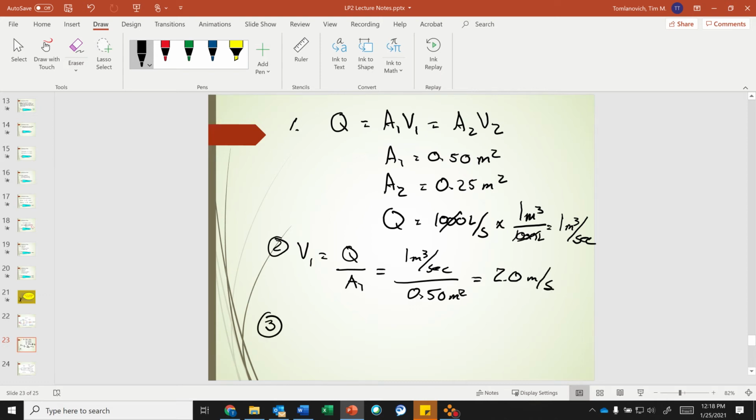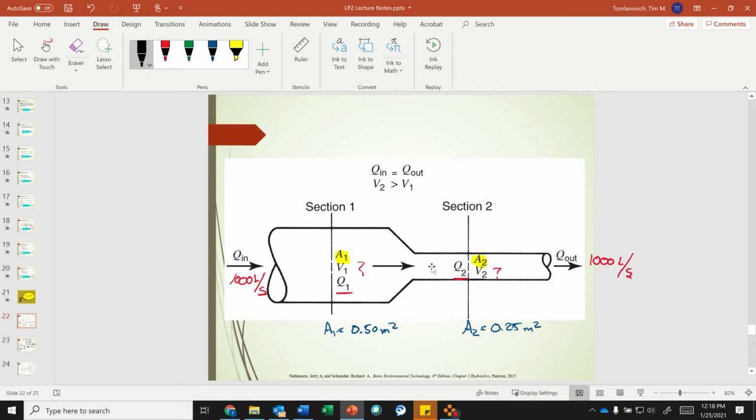Okay, V2 equals Q, which is the same, but now I'm in the smaller area.